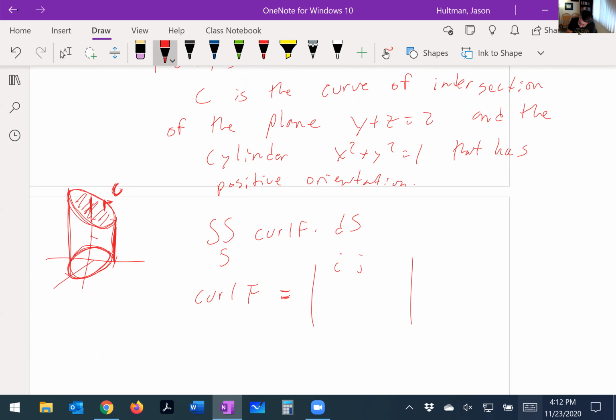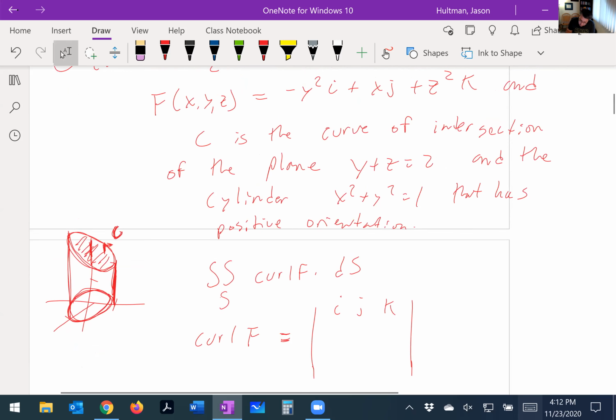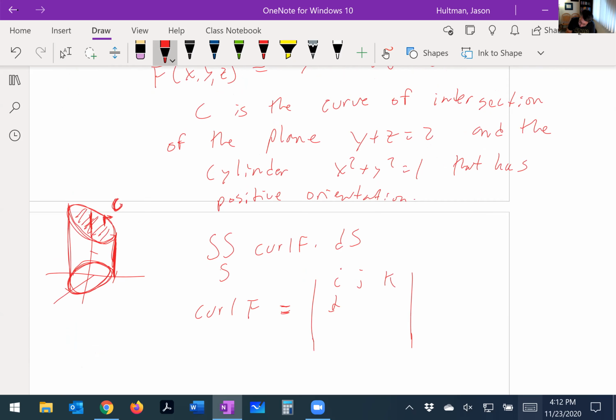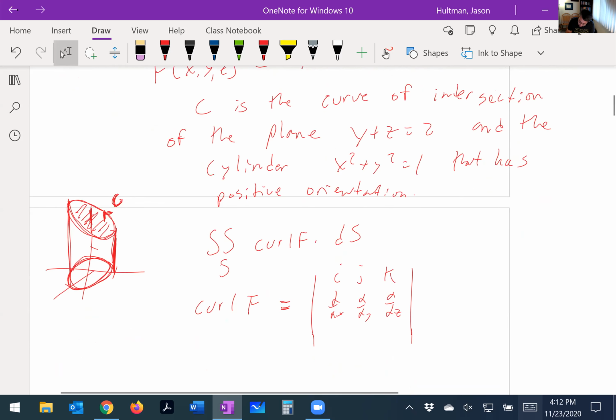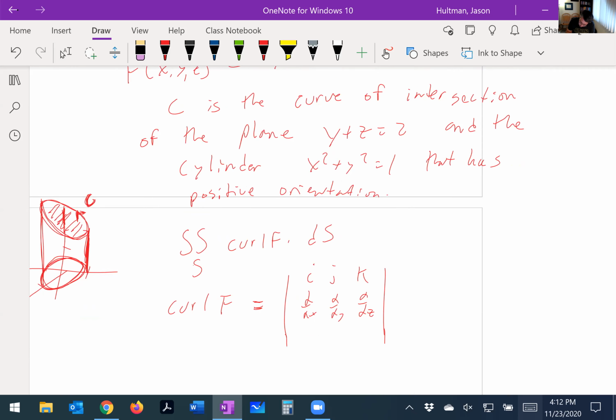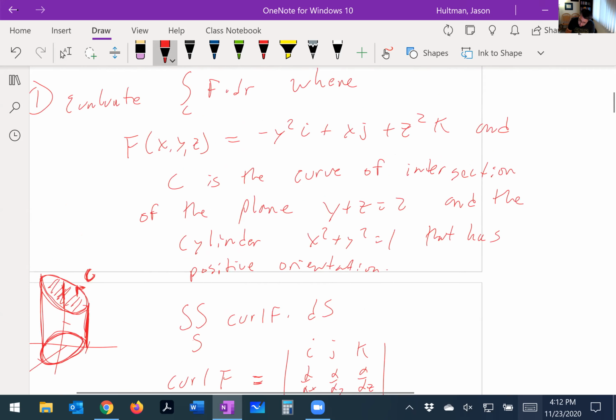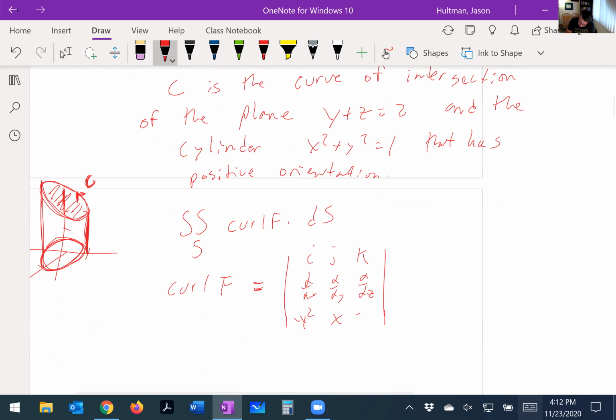So i, j, k, and we want d/dx, d/dy, d/dz of negative y squared, x, and z squared.